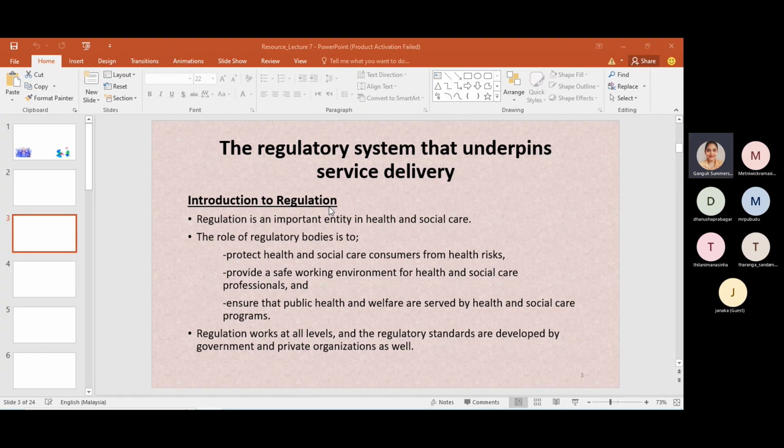For example, audits are sometimes done by people who are not from the workplace, like people from different agencies who come and do audits.